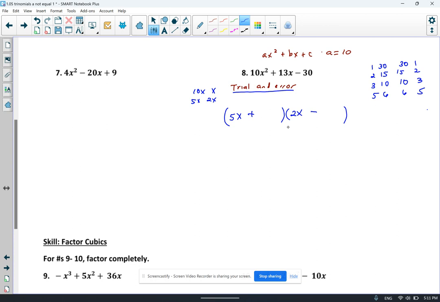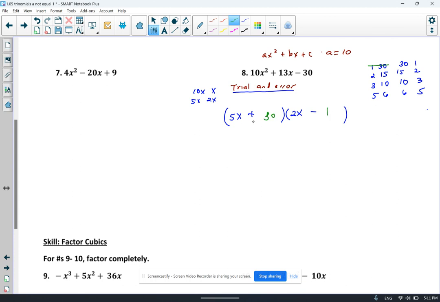Can I eliminate any choices? Yeah, we're going to be smart about this. I know I can't have a common multiple in the parentheses. So don't write this down, but if I put the 1 and put the 30, I know 2 goes into 30, so it can't be that. So then I said, well, maybe it's 30 and 1.